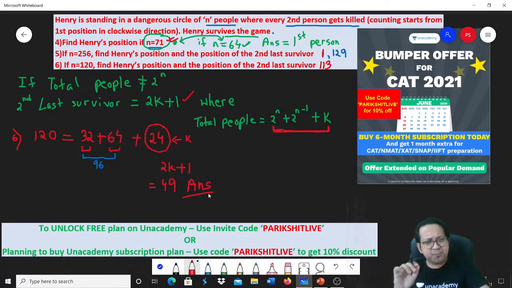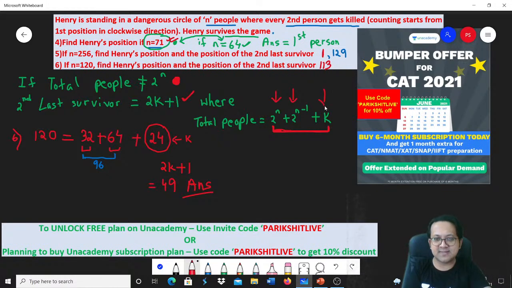Simple. Express the number. Remember, if the total number of people is in the format 2 to the power n, the answer is total people divided by 2 plus 1. If the total number of people is not in the format of 2 to the power n, the second last survivor is 2k plus 1, where you express the total people as two consecutive powers of 2 plus the delta.